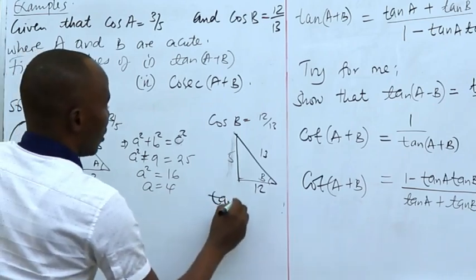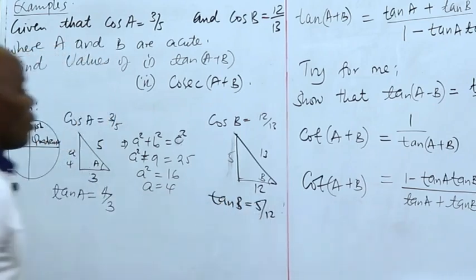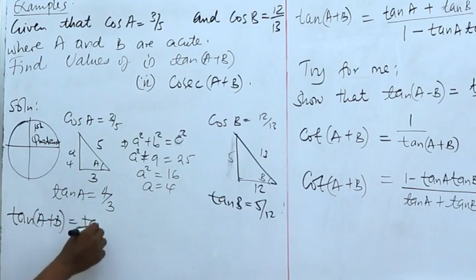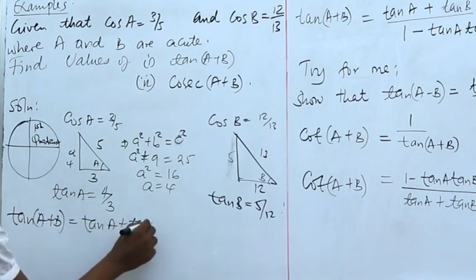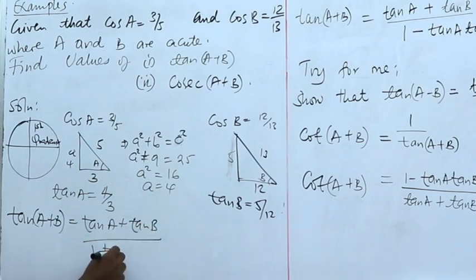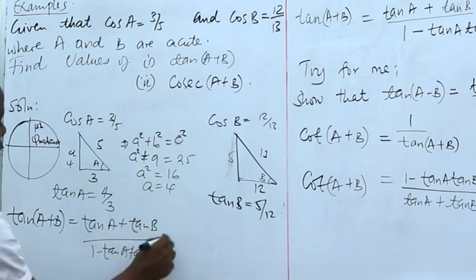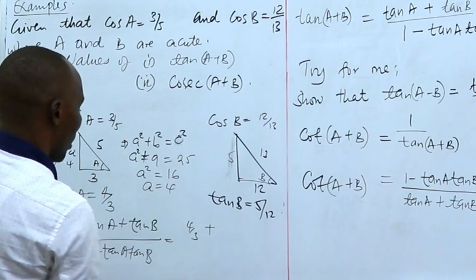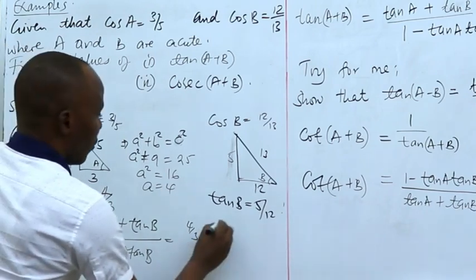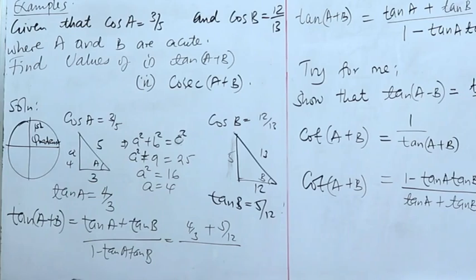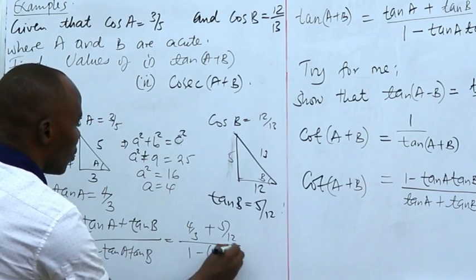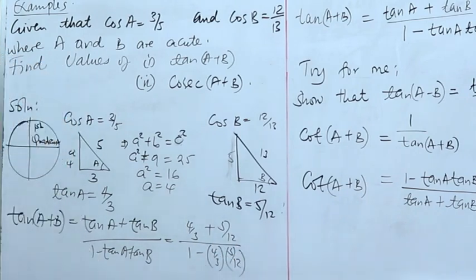And tan of B is 5 over 12. So you have tan of A plus B as tan A plus tan B over 1 minus tan A tan B, which is 4 over 3 plus 5 over 12, over 1 minus 4 over 3 times 5 over 12.